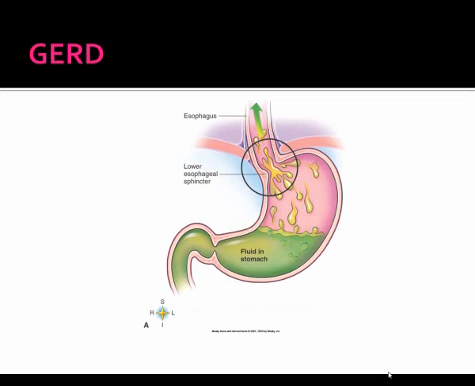Another thing is GERD, gastroesophageal reflux disease. Now, this is not your typical indigestion that you may have at the dinner table or afterwards. This is something more chronic, meaning people have it all the time. I'd say probably about 80 to 90% of my patients that I worked with in the cardiac unit had GERD.